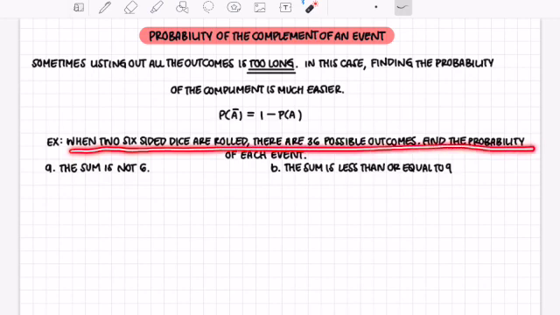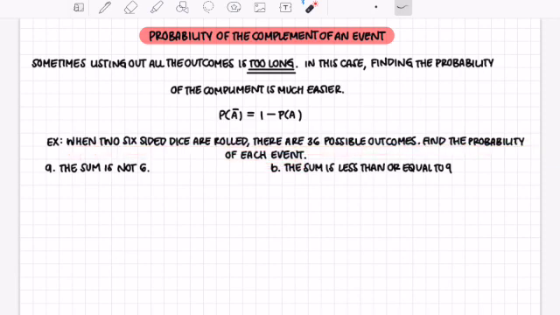In that case, you do have 36 outcomes, and we want to find the probability of each event. So let's say for example we're trying to find the sum that is not 6. If I try to list out all those numbers, that might take a long time.